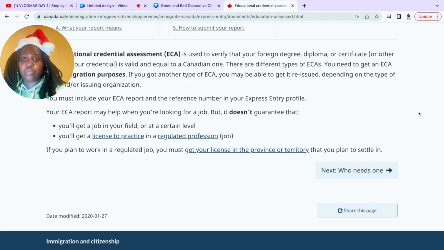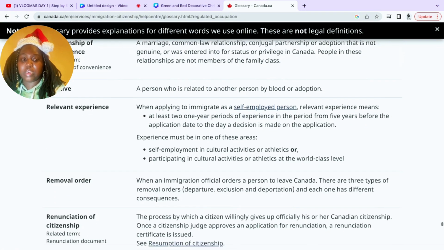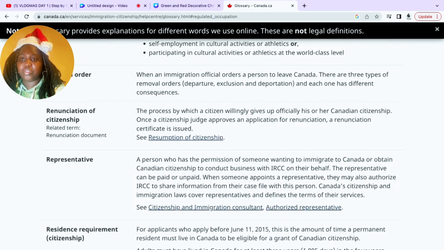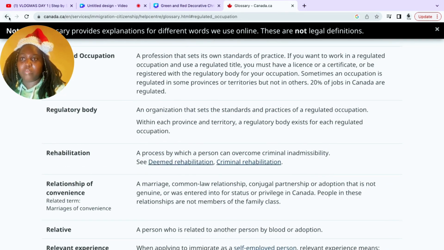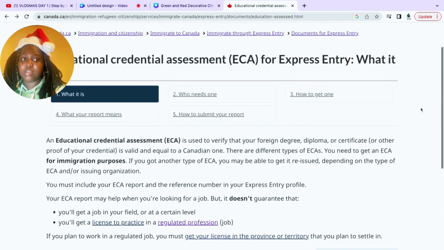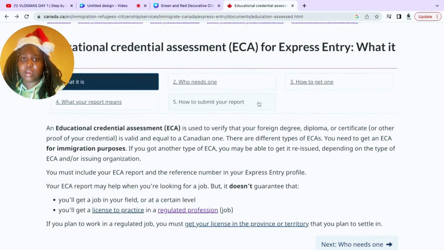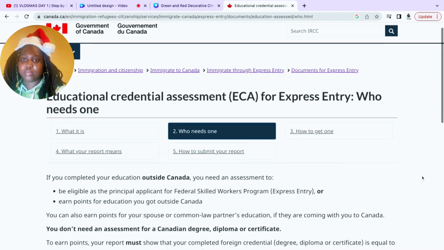If you're in a regulated job, like let's say you're a doctor, then you need to get certified through a different body. But let's talk right now about the normal bodies that give these ECAs, the ones that are actually certified. Before that, let's go to who needs one.